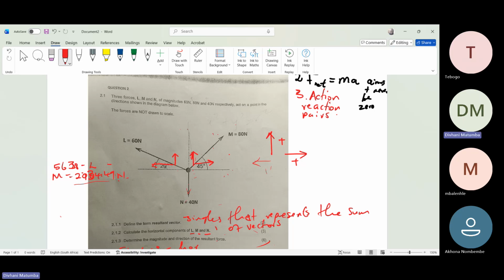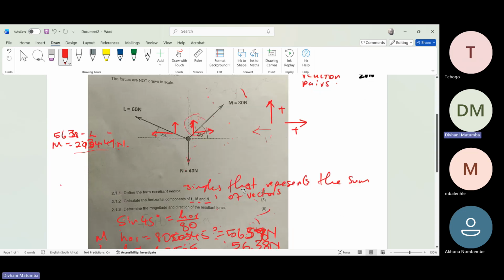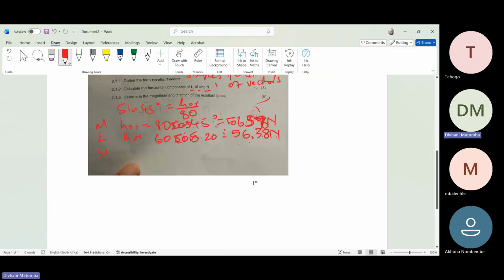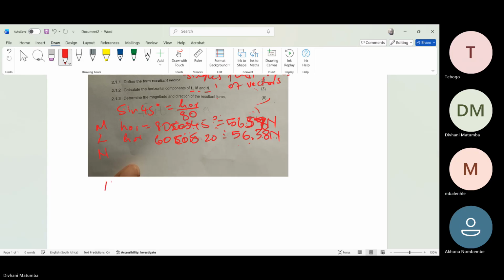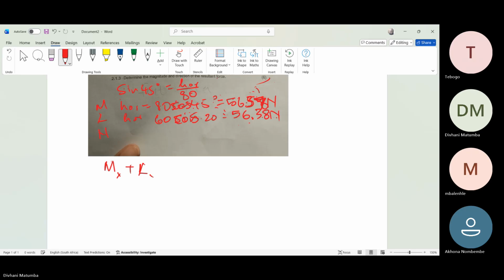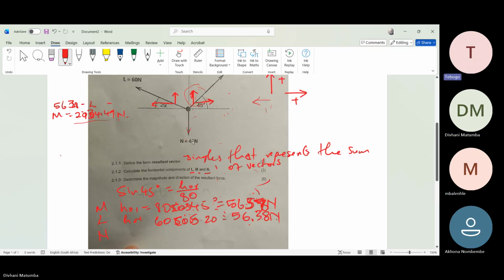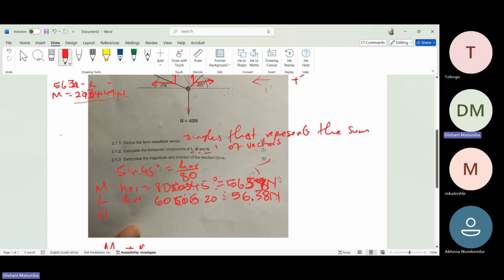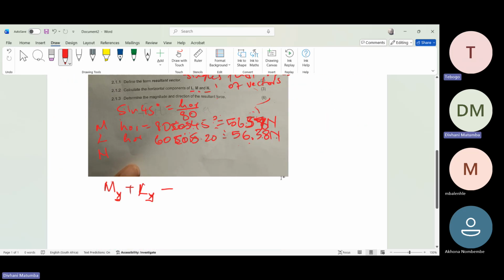So I'm going to start by saying the vertical component of M and the vertical component of L minus the vertical component of N.